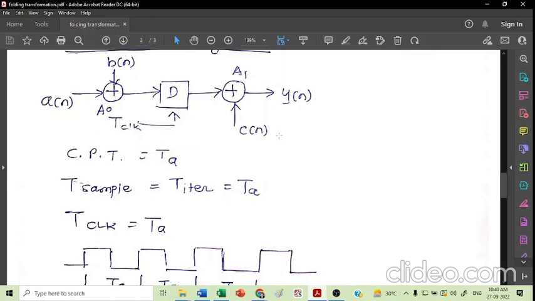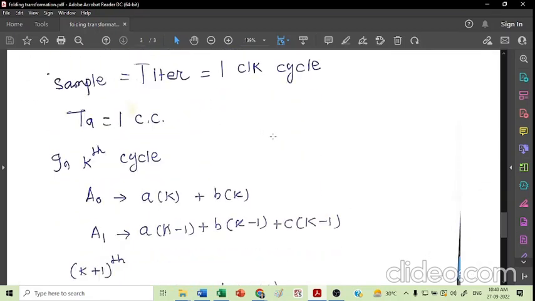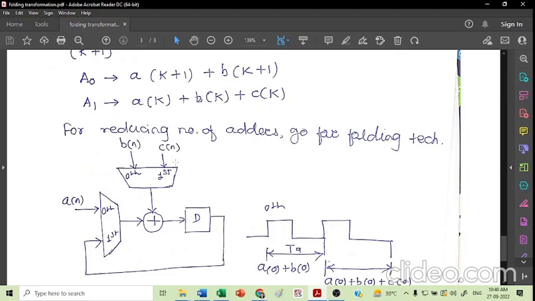So at the 0th clock cycle, or TA clock cycle, A0 and B0 are getting added, and then C0 will get added here. For that, we have to go for a multiplexer. Here we are using this multiplexer, and the input of this multiplexer is AN at the 0th clock cycle, and here the input is BN at the 0th clock cycle.